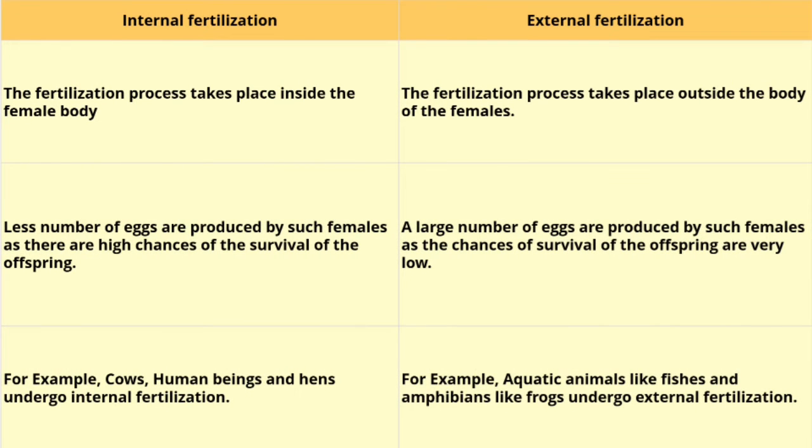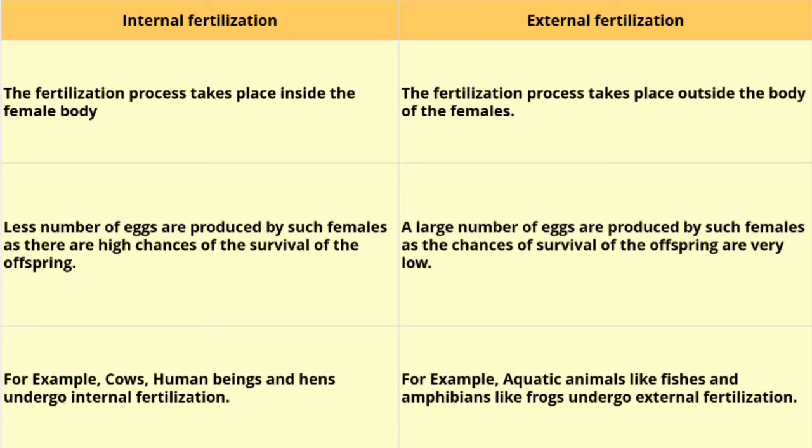Now let's see the difference between internal fertilization and external fertilization. In internal fertilization, the fertilization process takes place inside the female body, whereas in external fertilization, the fertilization process takes place outside the female. Fewer eggs are produced in internal fertilization as there are high chances of survival of the offspring, whereas a large number of eggs are produced in external fertilization because the survival of the offspring is low.